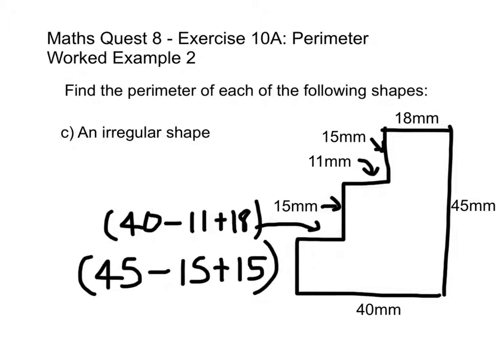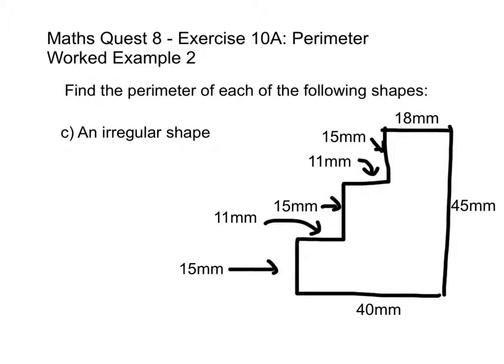So now we know what all our measurements are. We can replace these measurements with their actual measurements. And now it's just a matter of adding all of those perimeter measurements together.